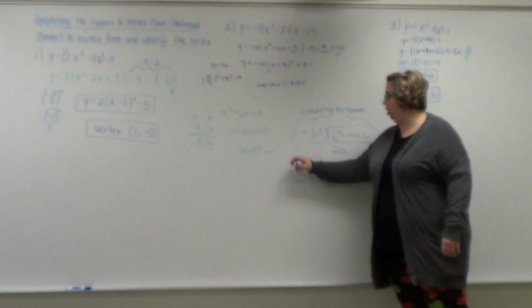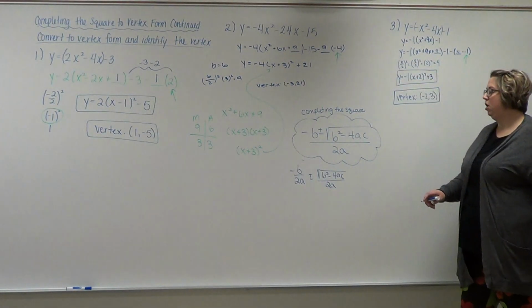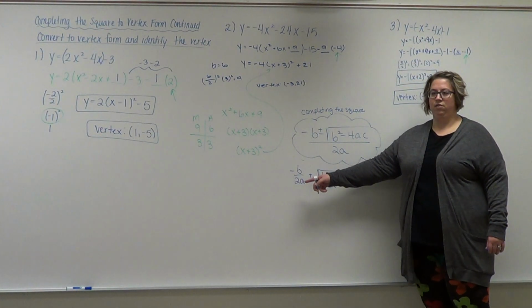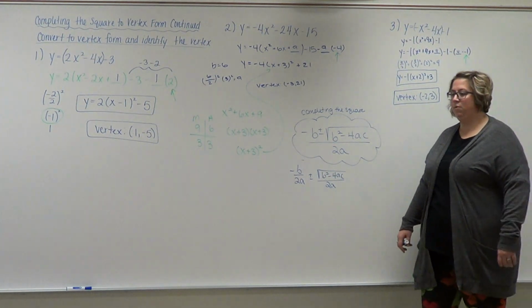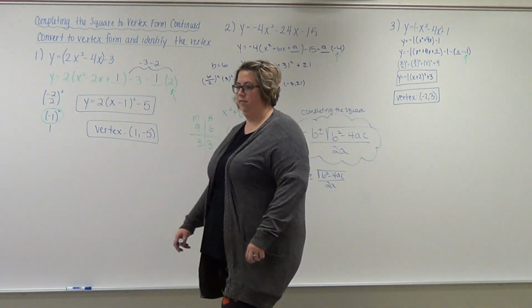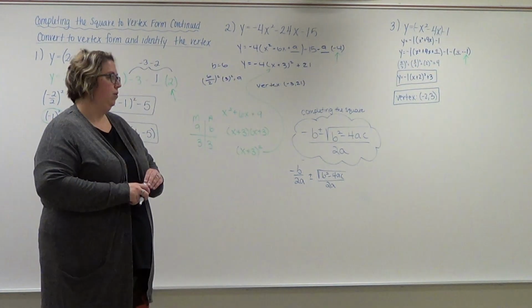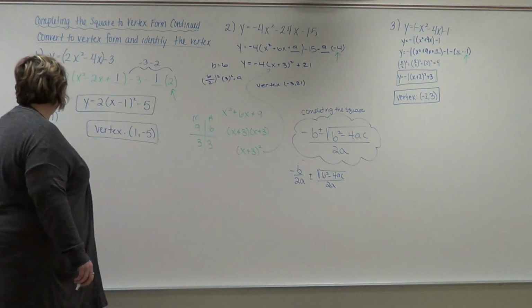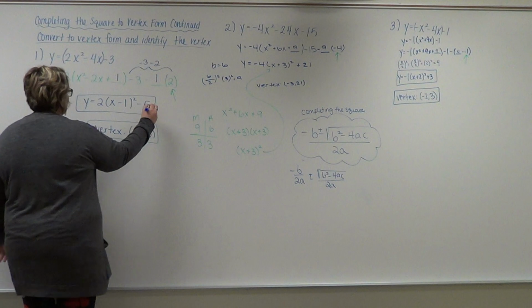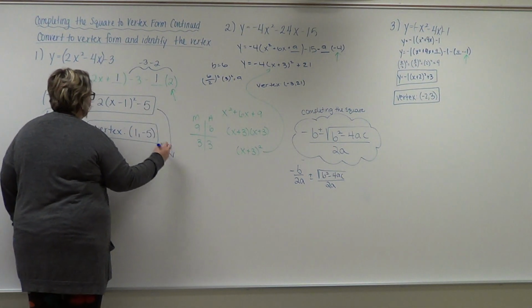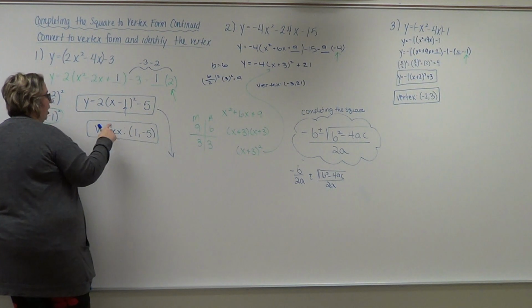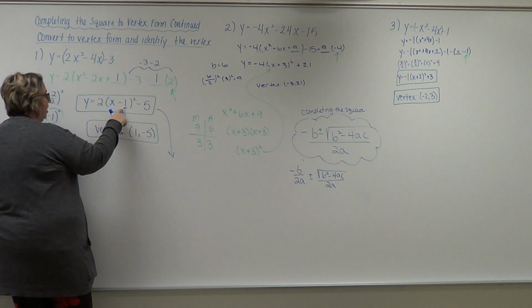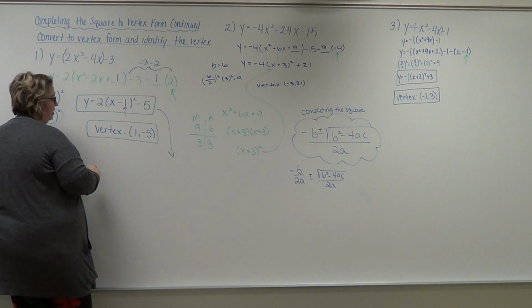This is close to b over 2. Why would it be negative? If I were solving, why would it have been negative? Well, let's solve this equation right here. This number right here was my b over 2, right? Why would this sign change when I solve for x?